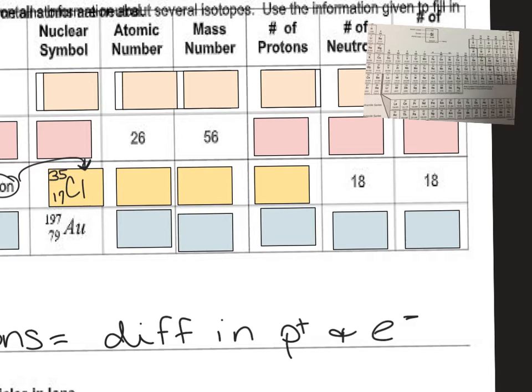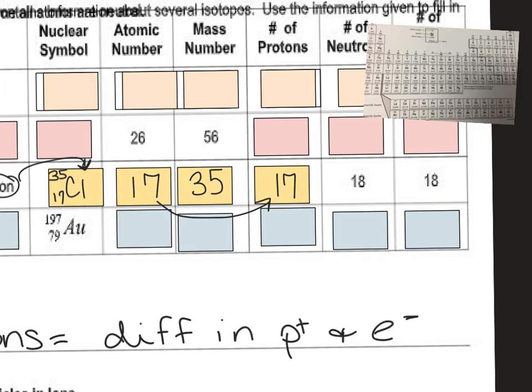So we have our atomic number, that was 17. We have a mass number, which was 35. You have your number of protons from this atomic number. And just as a side note, let's say you forgot that this is the mass number, and you just had this blank box and you're like, oh my gosh, what am I supposed to do?